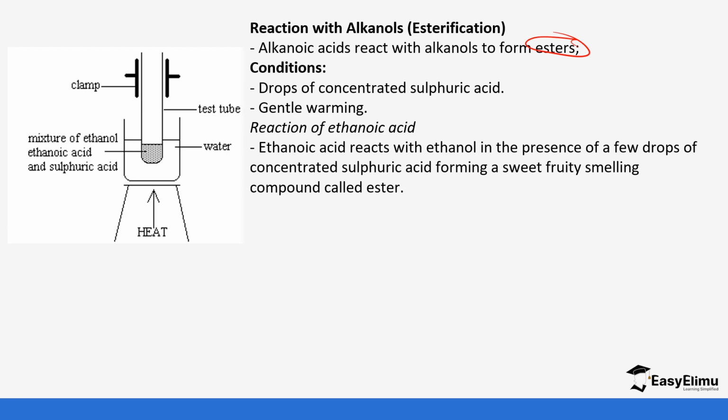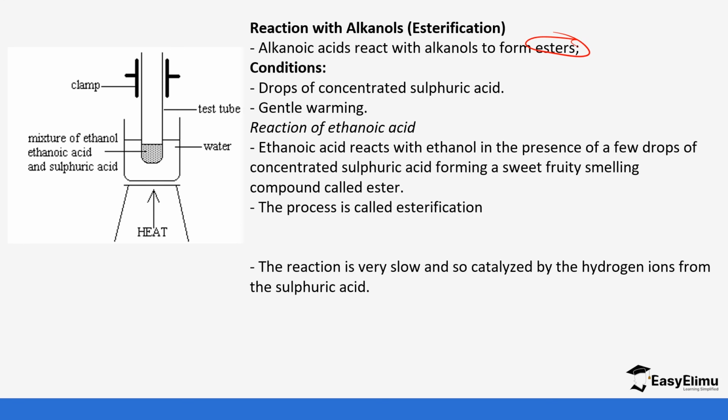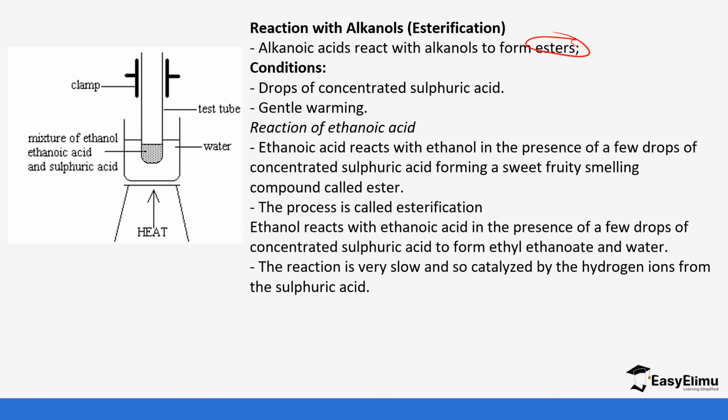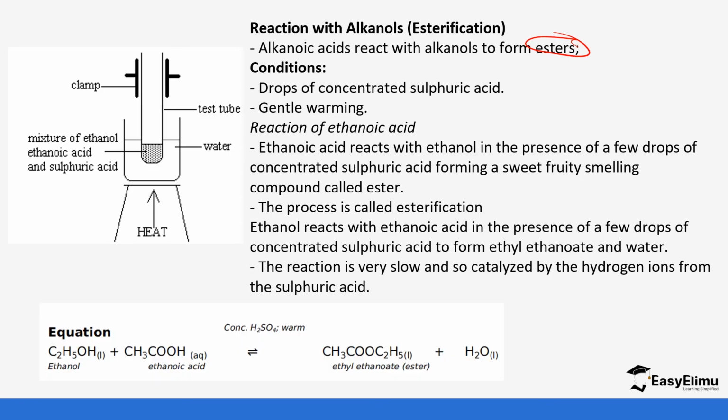For example, ethanoic acid will react with ethanol to form a sweet-smelling compound, ethyl ethanoate. So ethanoic acid reacts with ethanol in presence of the acid to form ethyl ethanoate and water. So the reaction is very slow, so it is catalyzed by the hydrogen ions from the sulfuric acid. So we did this in the properties of alcohols.